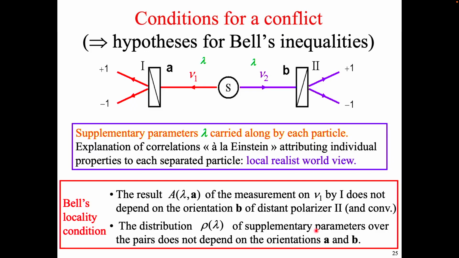In order to demonstrate, in addition, Bell first assumes that, so you introduce lambda, the simplest way to render an account of Einstein's position.